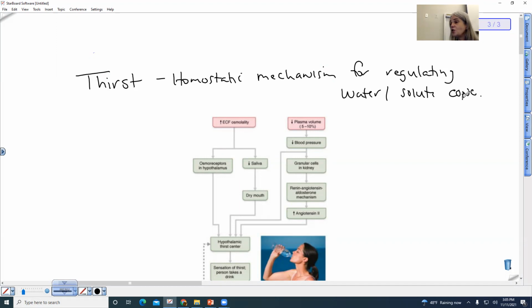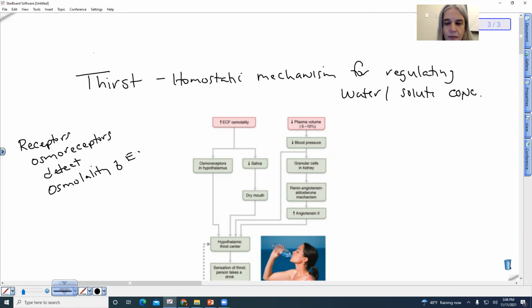So first, we need a way that our body can detect that. And so remember, in the negative feedback mechanism, we have receptors. The receptors are specialized receptors called osmoreceptors, and those osmoreceptors detect the osmolality of the ECF, your extracellular fluid.